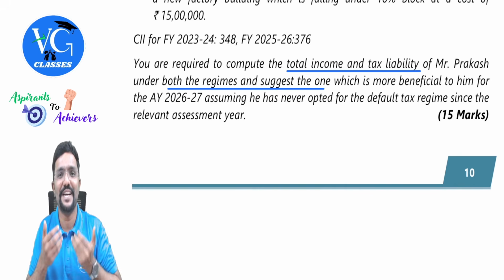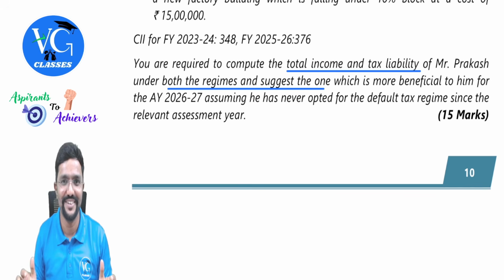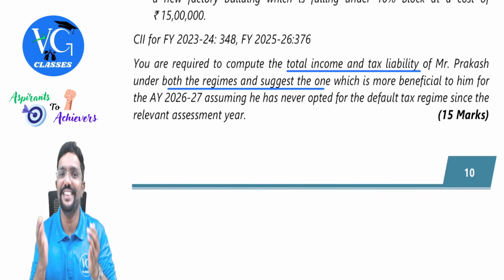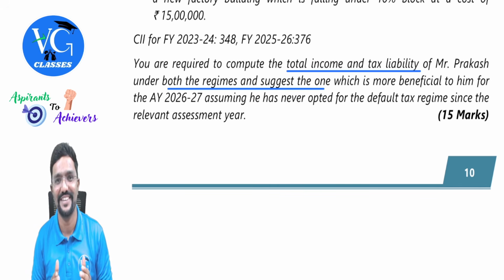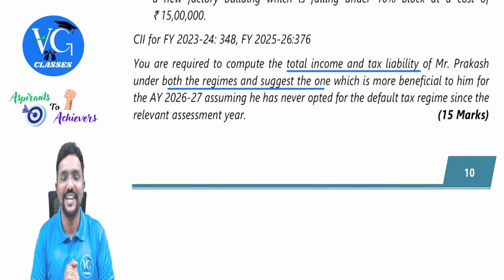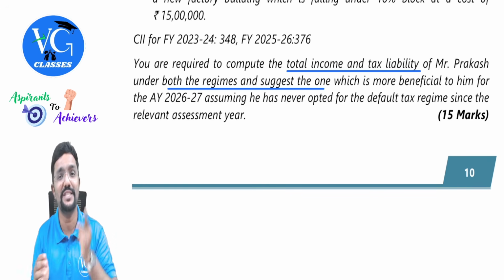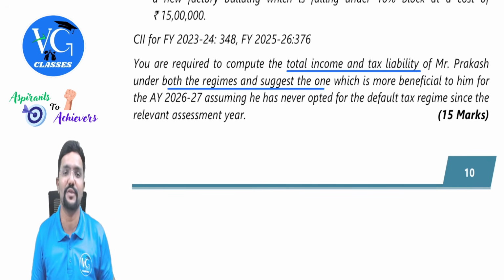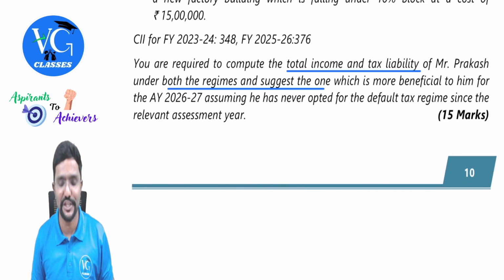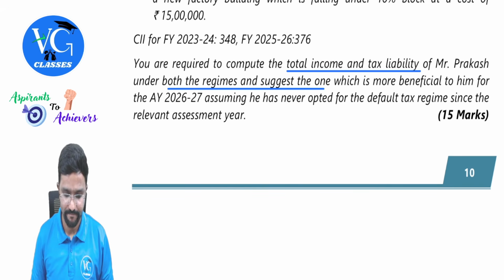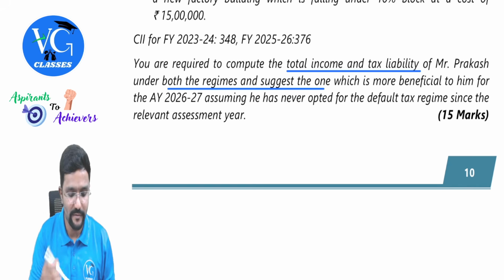But later, if ICAI comes up telling there is no correct option, then whatever time they have spent in the exam, that crucial 3 hours, can they get it back? Definitely not, guys. I really feel sorry for those who would have written the May 2026 exam and spent too much time, especially on that particular question, the capital gains calculation in case of slump sale. Yeah, fine. We'll continue.